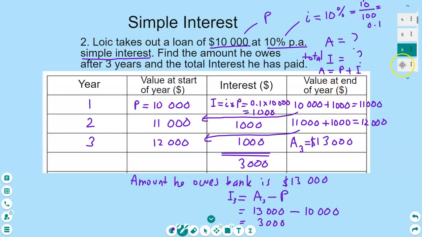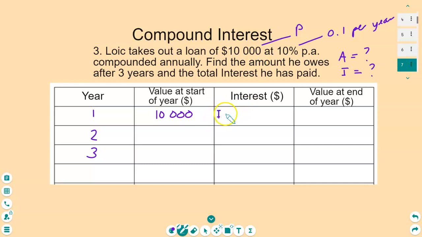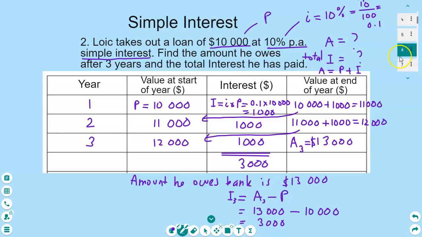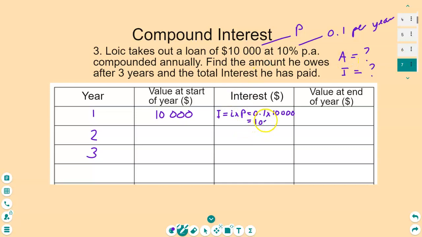The interest is I times P for this first year. It was 0.1 times 10,000, which was 1,000. We got our value at the end of the year, 10,000 plus 1,000.